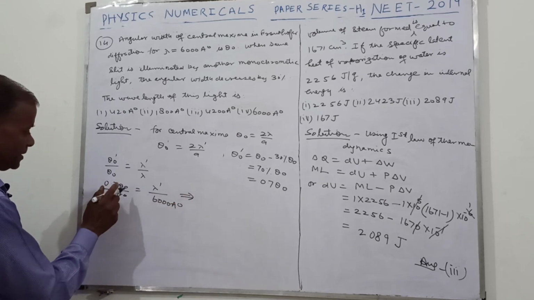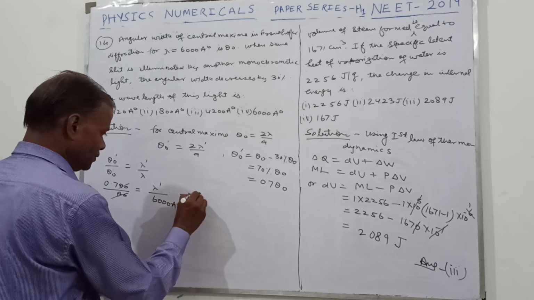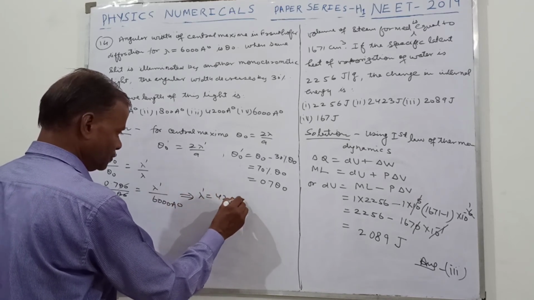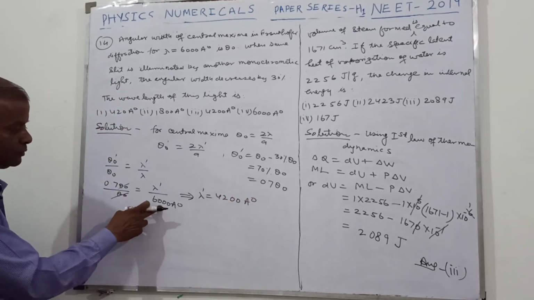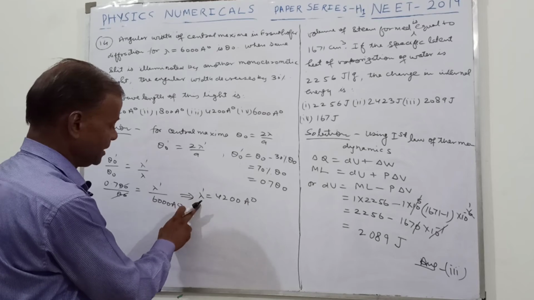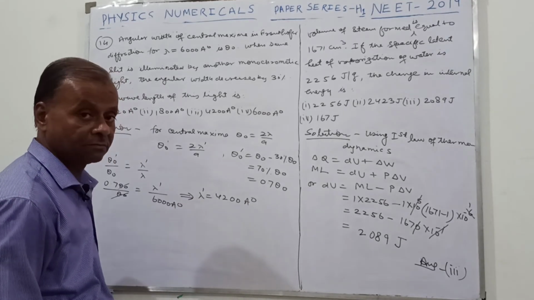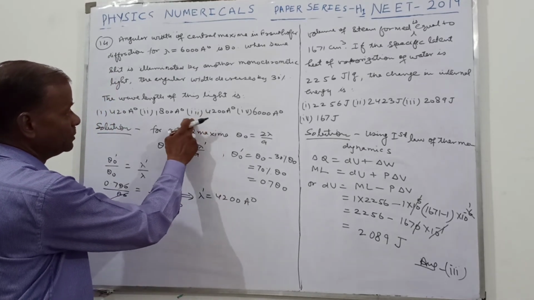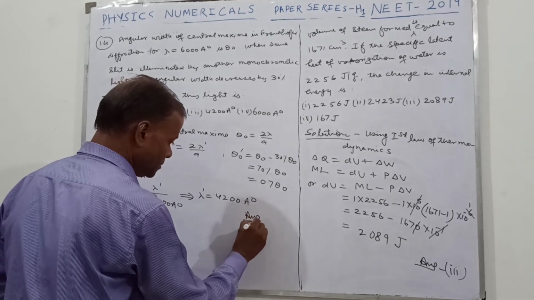So this will cancel. Now multiply: lambda dash equal to 0.7 times 6000, that is 42, two zeros are left. So this lambda dash will be 4200 angstrom. Now match the answer. This is given as the third one. So our answer is third.